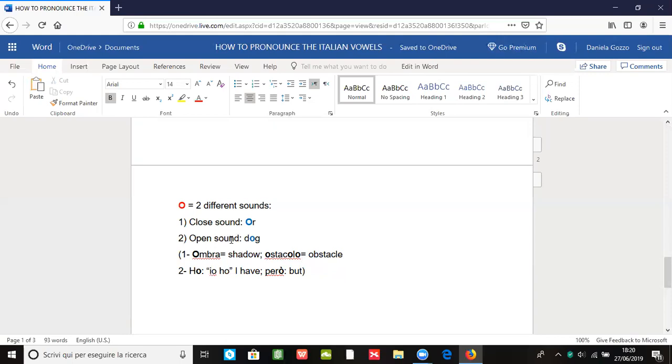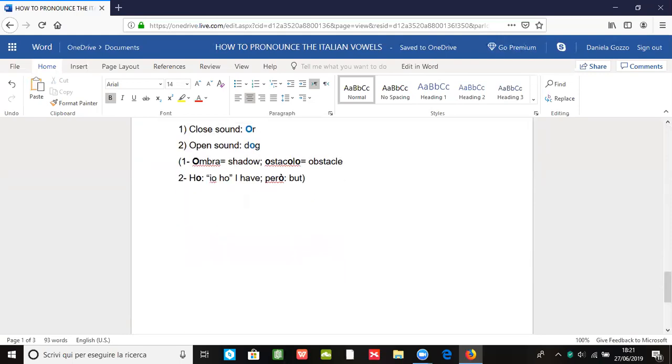The open sound is O, and like example, io ho is the verb to have, I have. Another, però. You see there is an accent, so when there is an accent, the stress is open sound in this case, però, but.